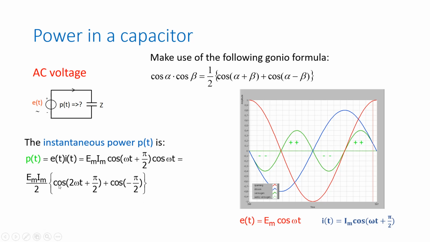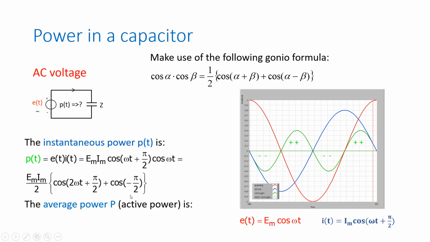So again, like with the inductor, this equals the RMS voltage times the RMS current, which is equal to Em over square root of 2 times Im over the square root of 2. When we have to calculate the average power, so the active power P, we have to take the average of this expression and the average of this expression.